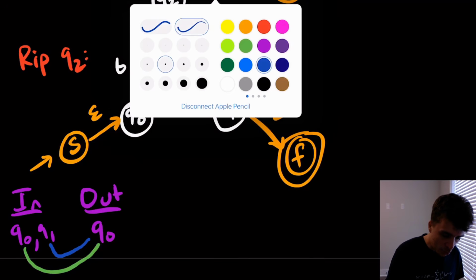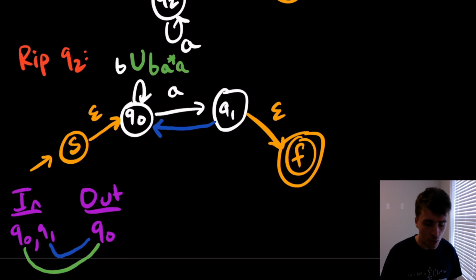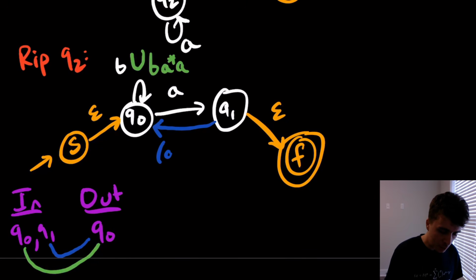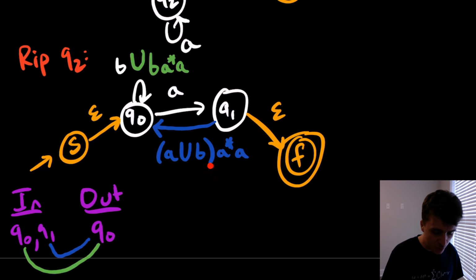So here I'm going to add a transition because there wasn't one before, and the transition is going to be (A union B) A star A. Because this is what the transition took from Q1 into the state we're taking out, A star for the self loop, and then this final A, which is the same as this A because it went back to the same state, Q0.